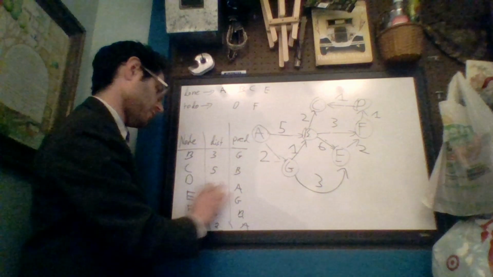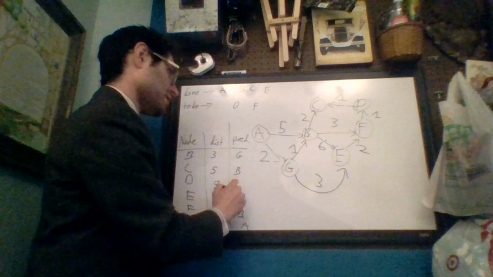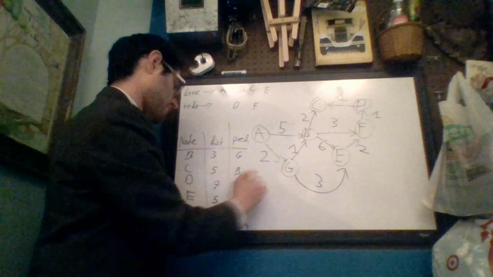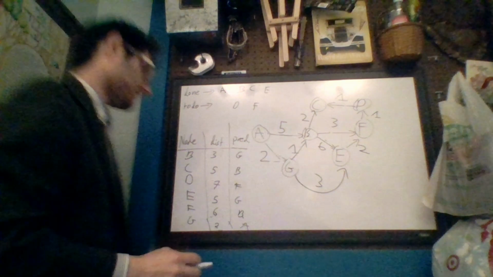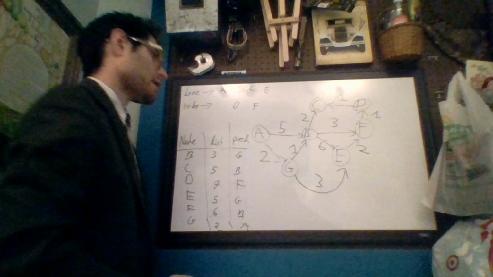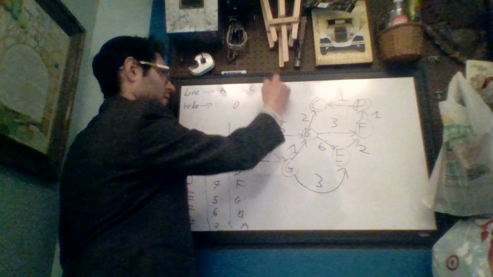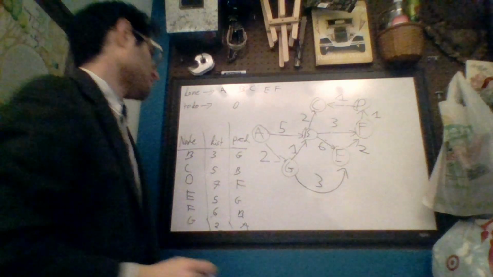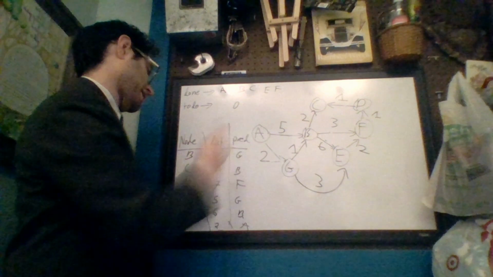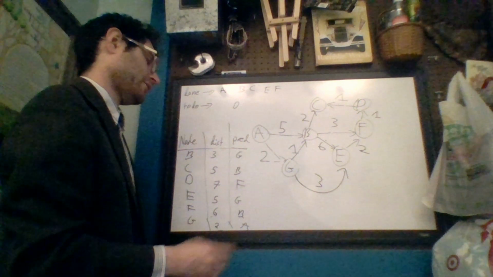So we write down 7 to get to D. We get there from F. And now we're done with F. Let's look at D once more and write 7 plus 1, 8. That's not going to add any more information, right? It's a more expensive route to get to C, so we don't take it.